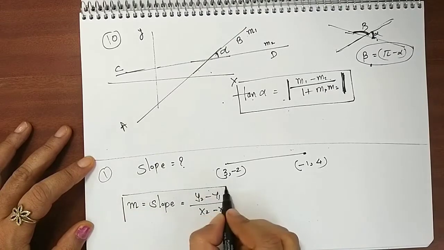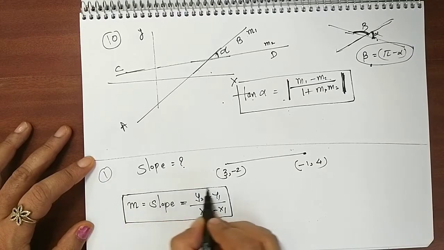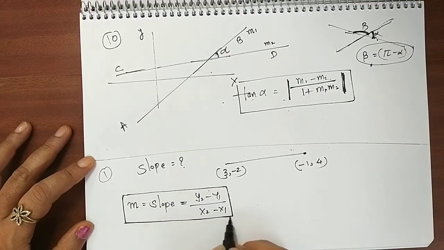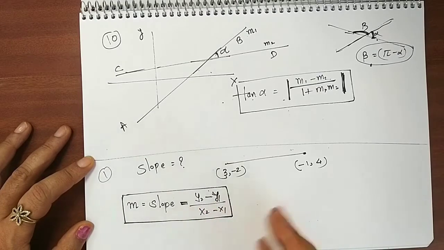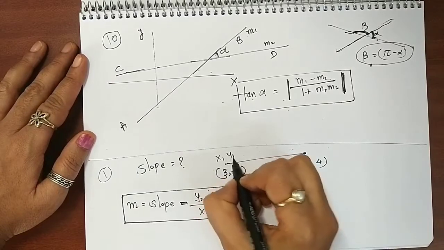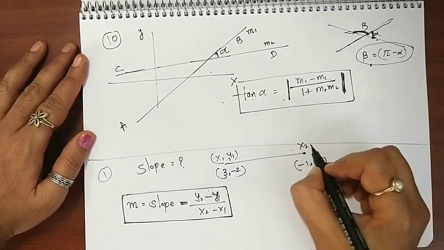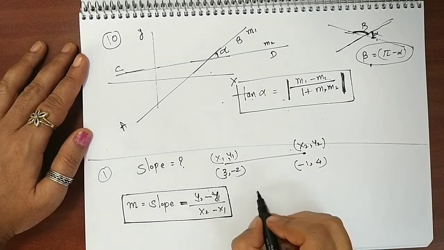Guys, whenever you solve questions, please make it a habit to write the formula inside a box. It helps you understand that this is the formula and it is not getting mixed up with your actual solution. Suppose this is x1 y1 and this is x2 y2. So how to get slope? I have to just fit the values.